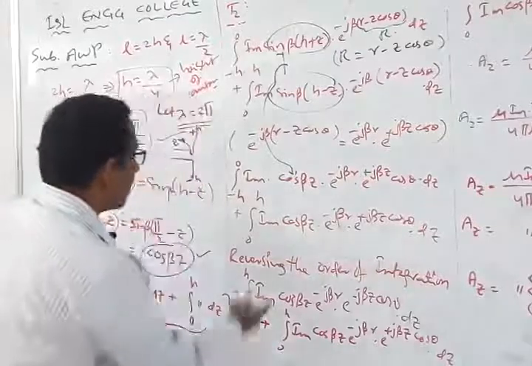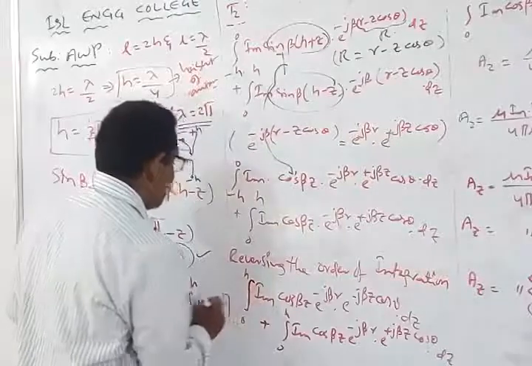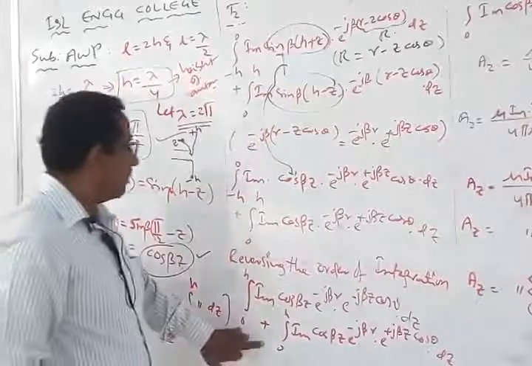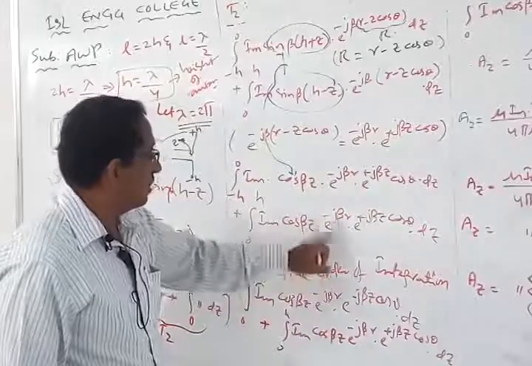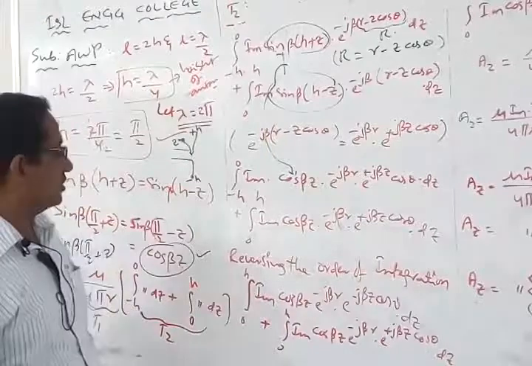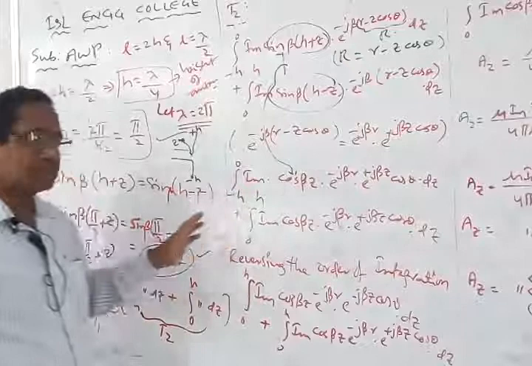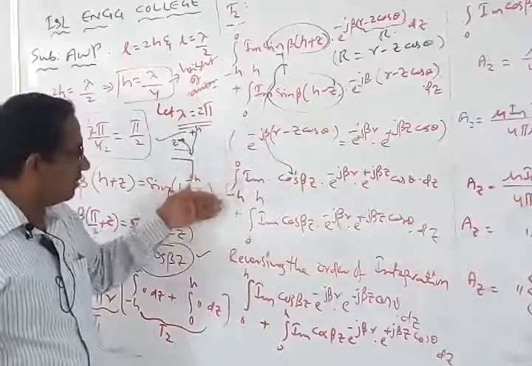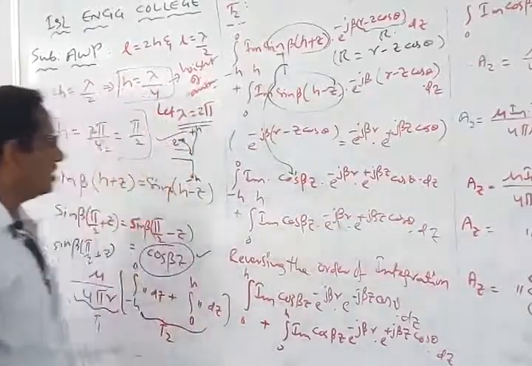So we got this particular equation now, Im cos beta z into e power minus j beta r into e power plus j beta z cos theta. This equation remains the same for us. That means we have two limits with different limiting values, and the different limits are converted into the same limiting value expression. Now we have to solve this equation.